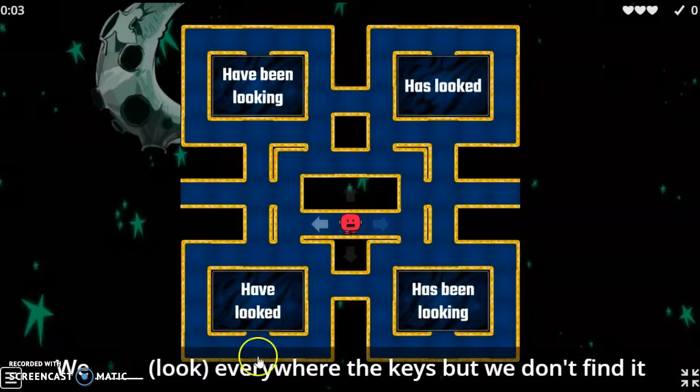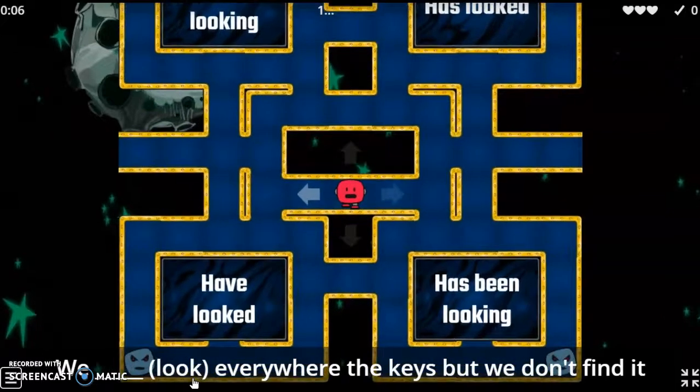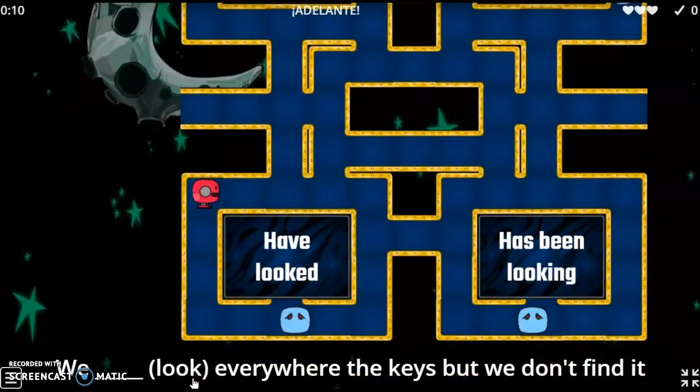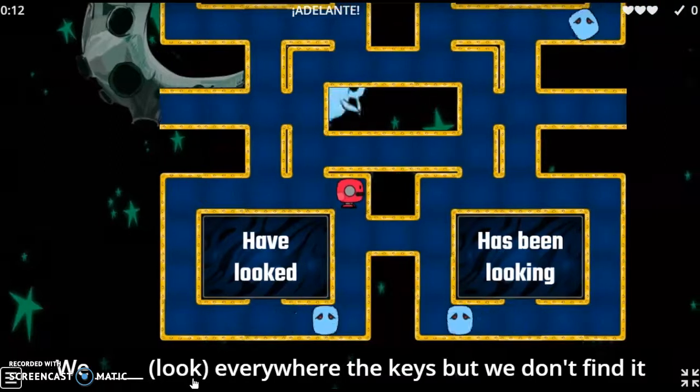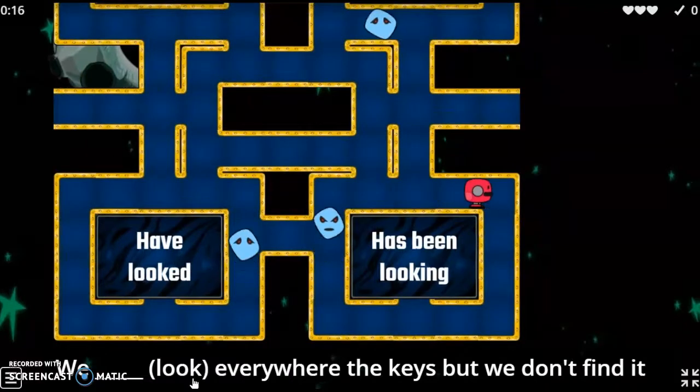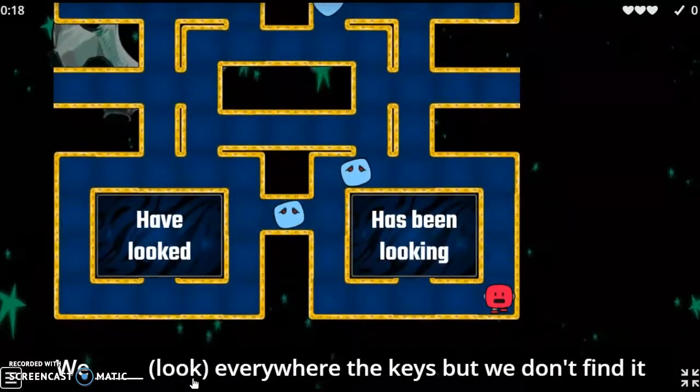Okay, so here you have the sentence: we looked everywhere the keys, but we don't find it. So you have to guide this toy. We are the red toy, and you have to guide him in order to find the correct answer.